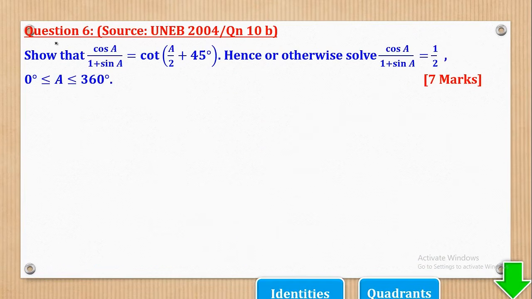So that now we shall go to question 6. Question 6 came from UNEB 2004 paper 1 question 10b, and says that show that this is equal to this, and hence or otherwise solve this for this range.